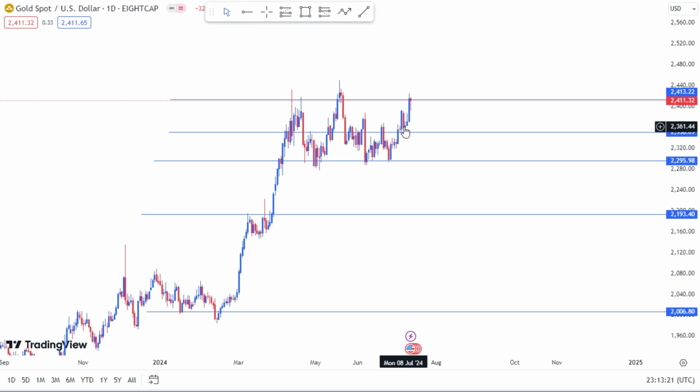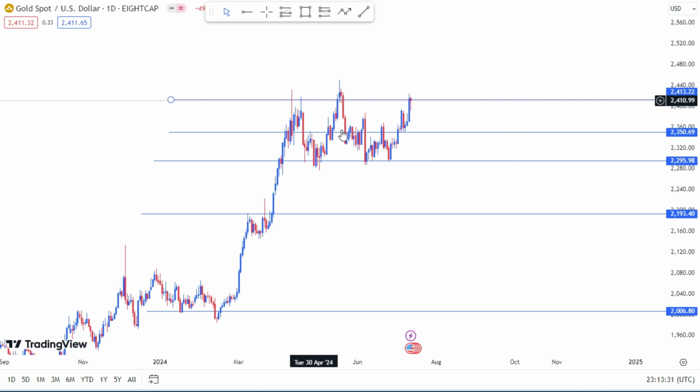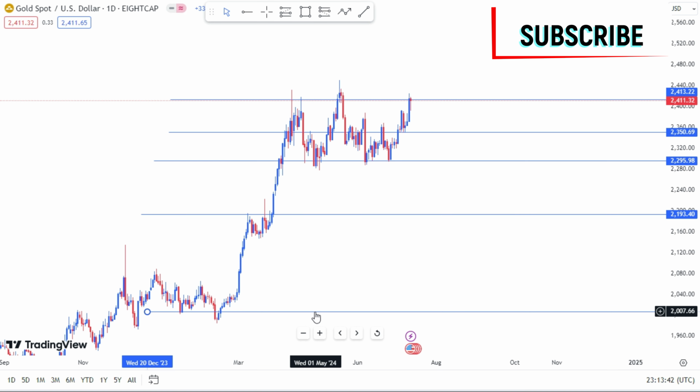The playground is just right over here. It's so simple, you don't have to think about it that much. You have to delete these levels because they're too far, guys.